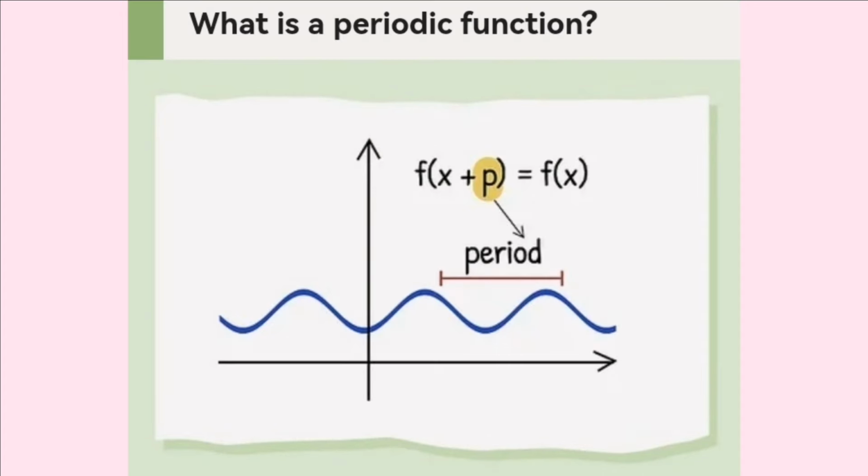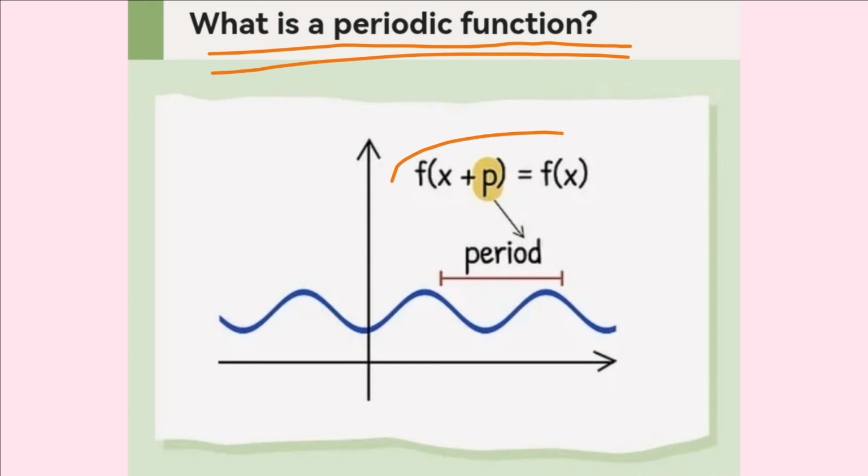Now, what is a periodic function? A function f(x) is said to be periodic if it satisfies this condition: f(x + p) = f(x), where p is some positive real number.